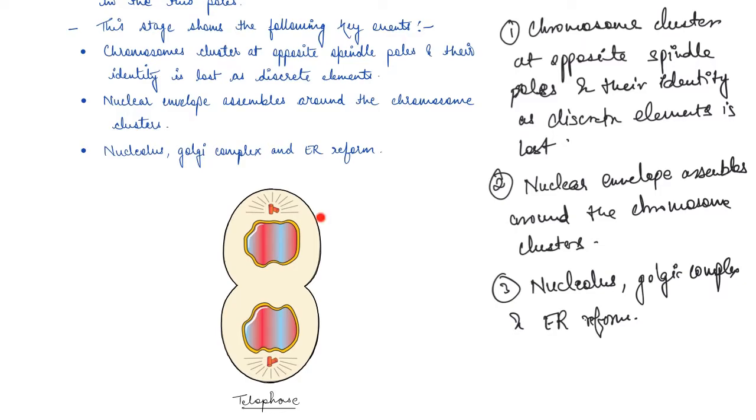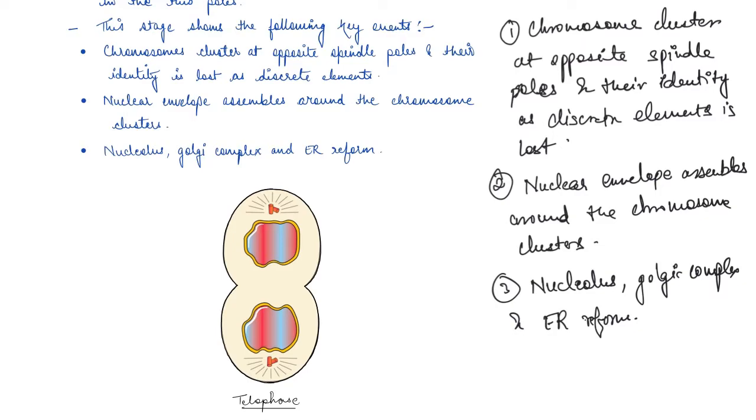Then, if you see here, this yellow line, the nuclear envelope assembles around the chromosome clusters. So the nuclear envelope is formed, and after that the other cell organelles present in the cytoplasm, like Golgi complex, endoplasmic reticulum, nucleolus, everything starts to reform, right? So this is telophase.